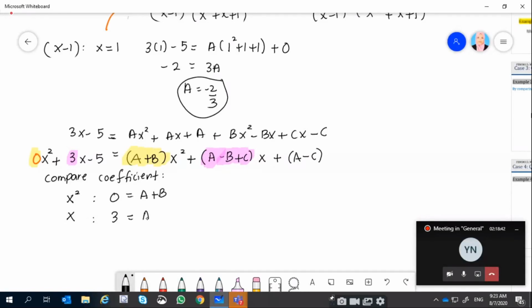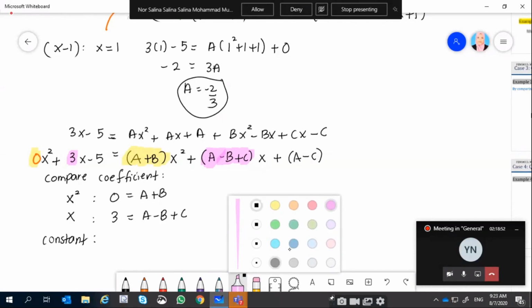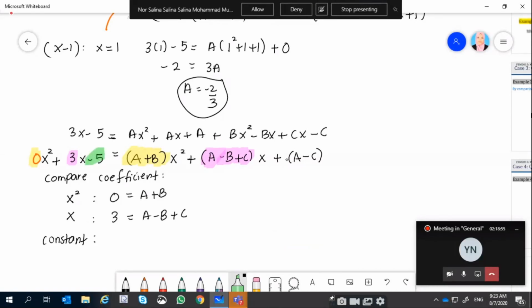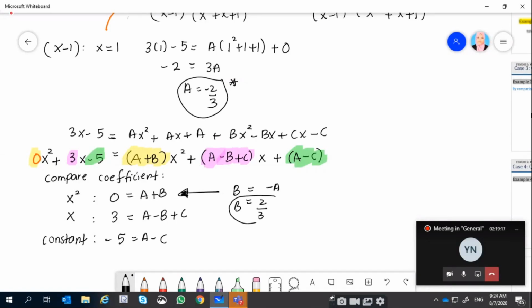So from a, you already have the value of a, so b equals negative a, b equals 2 divided by 3.